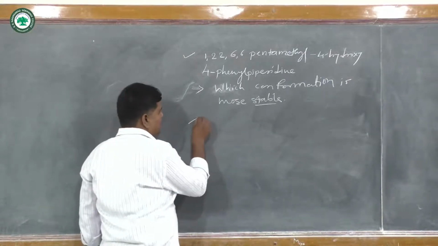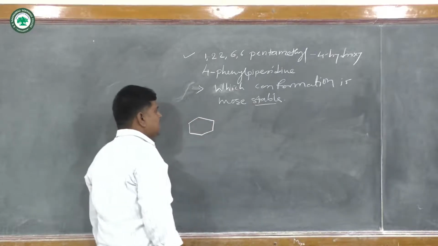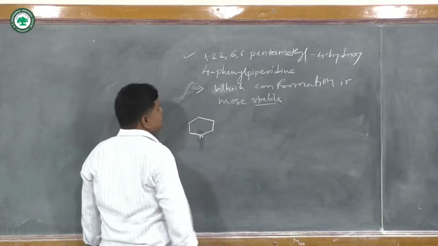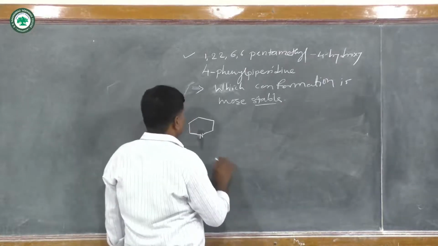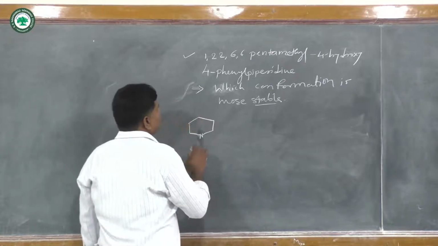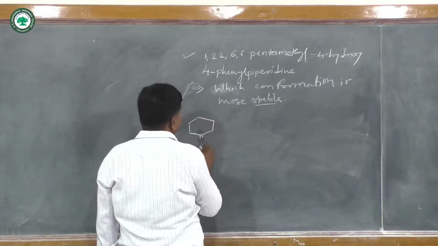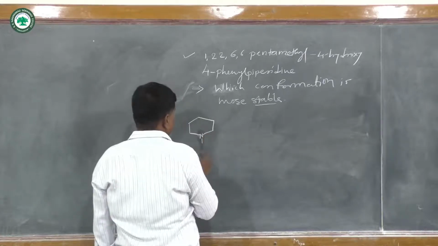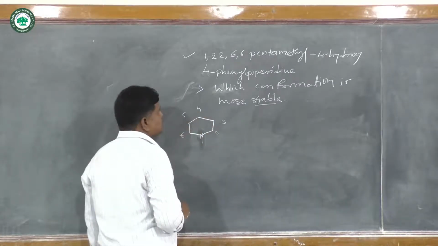Suppose we have a 6-membered ring, and this is piperidine containing nitrogen, 4-hydroxy-4-phenylpiperidine. So here we write 1-methyl. Suppose this is 1, 2, 3, 4, 5 and 6.